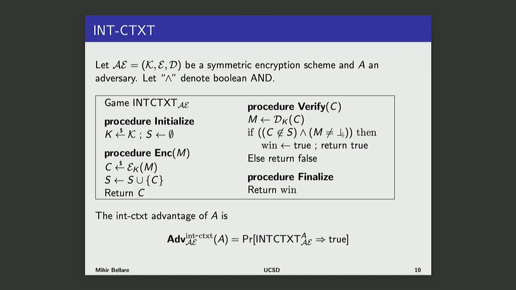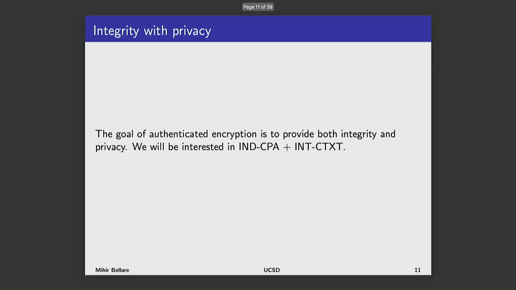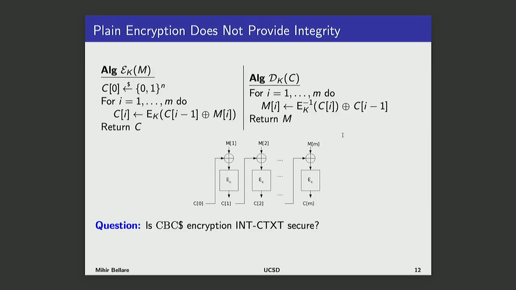So as an attacker, you want to create a ciphertext, then it'll get decrypted under a hidden key, and as long as the result is not this funny symbol, you win. Okay? Yeah? Yeah, the ciphertext, yeah, you want to create some C and then pass it through here and make sure you don't get bot.